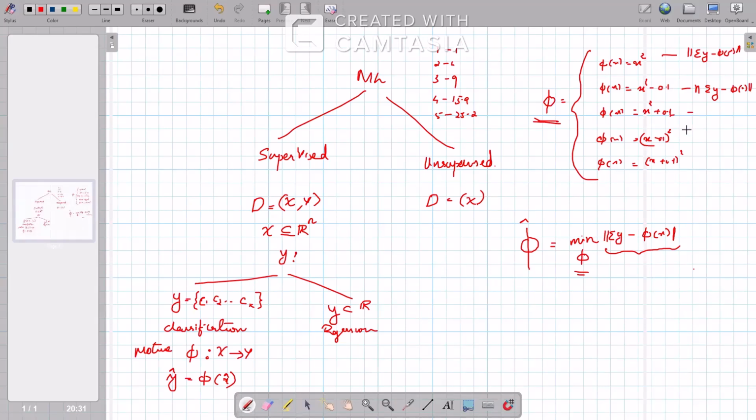Among all these possibilities, the one which gives minimum error can be the ideal classifier, the ideal mapping. Is that clear? Are you getting that?